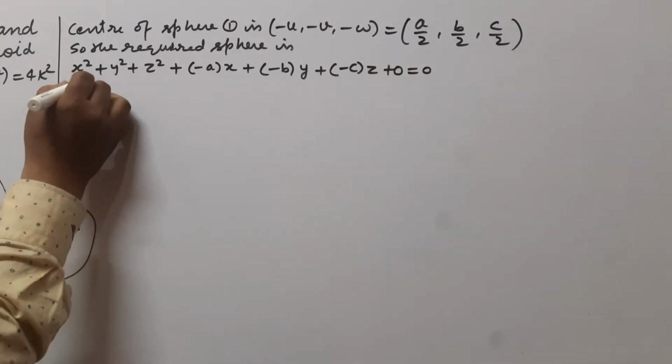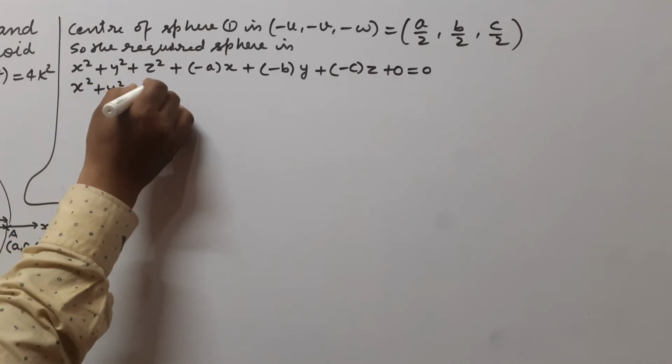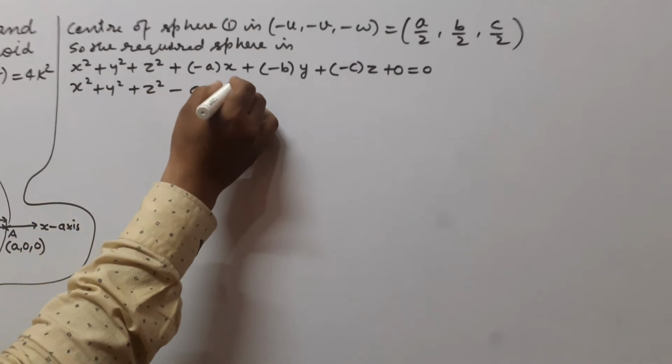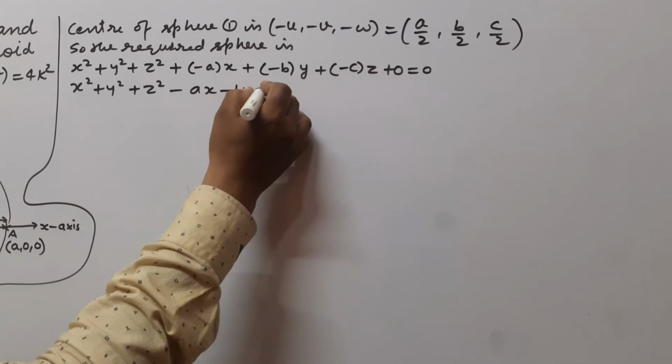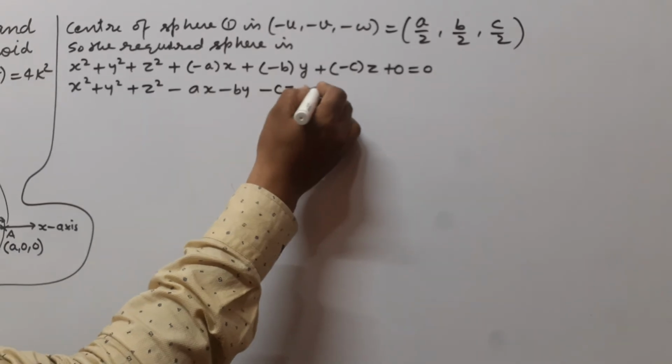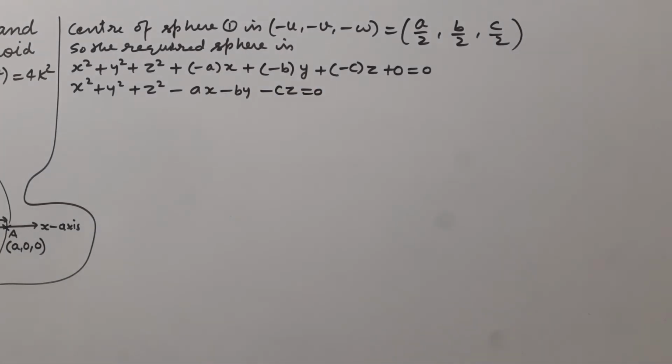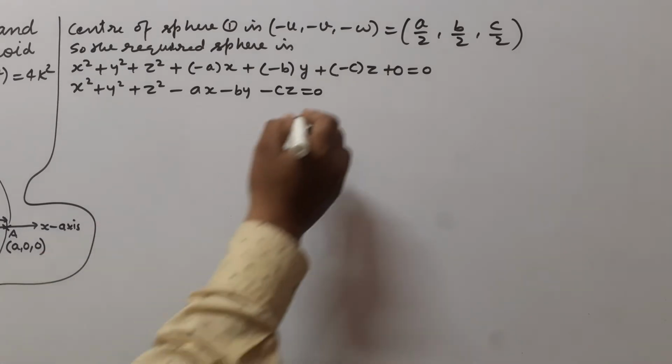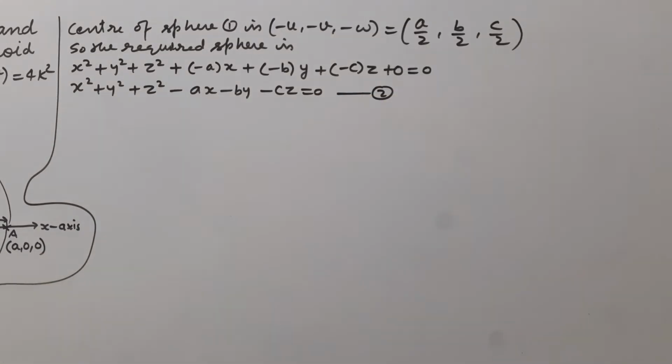So we get the equation of the sphere which is passing through the origin and meets the axes in A, B, C, which is x square plus y square plus z square minus ax minus by minus cz is equal to 0.